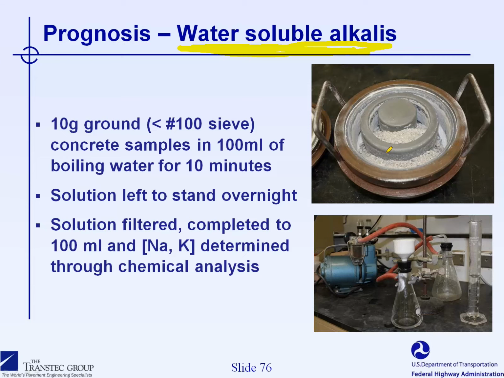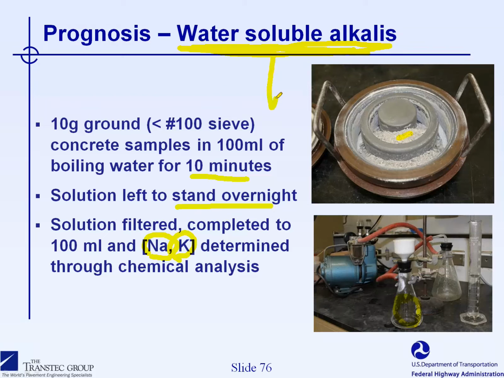This can be done by grinding a piece of the concrete core to a very fine powder and then taking about 10 grams of that powder and boiling it in water for about 10 minutes, leaving the solution to stand overnight, and then filtering the solution and analyzing it for sodium and potassium.